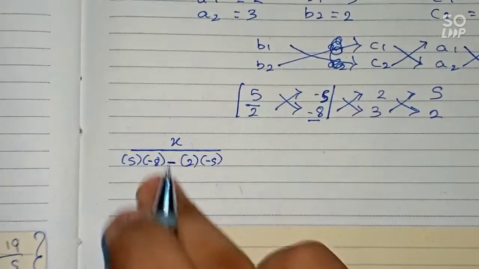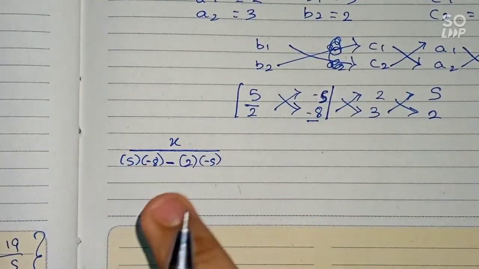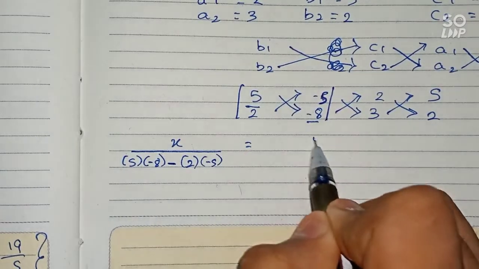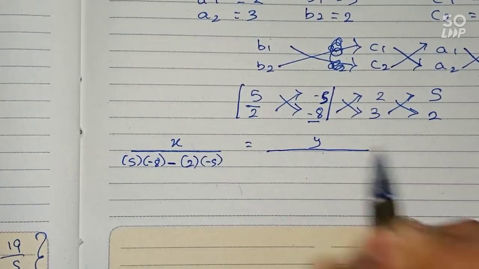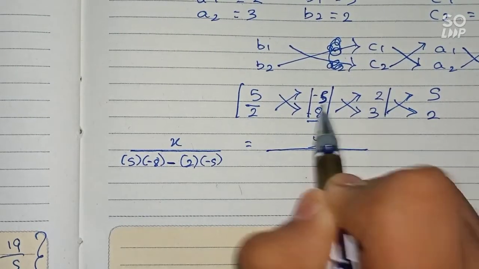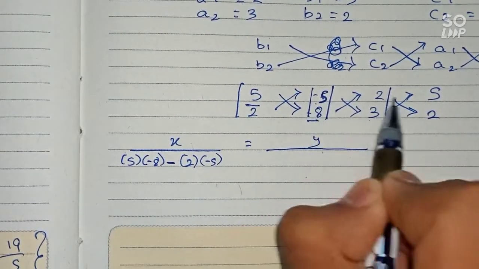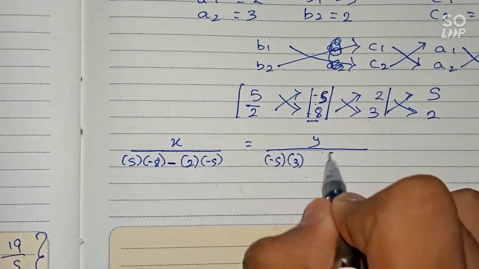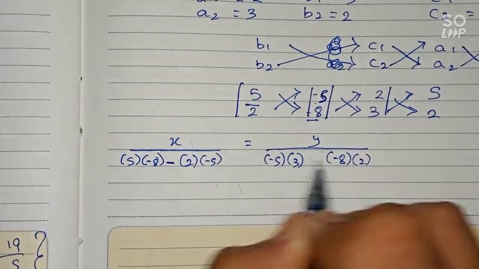So this is the uniform method, we have to do it like this only. Now write the equals sign, and then y is equal to, the similar method: minus 5 and 3, and minus 8 and 2, with a minus sign in between.